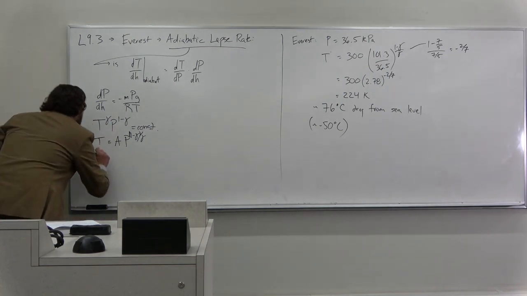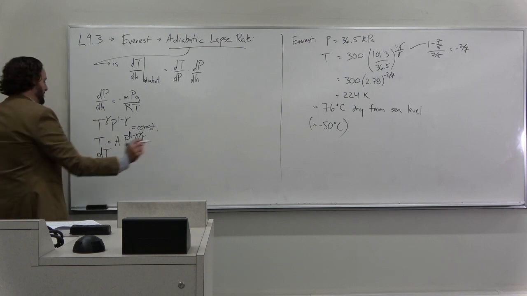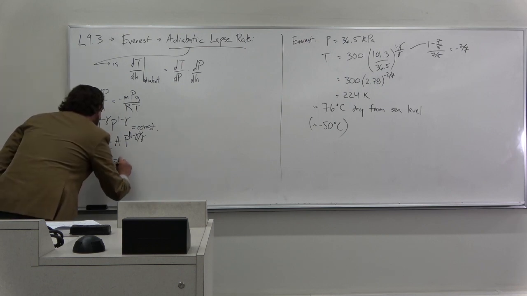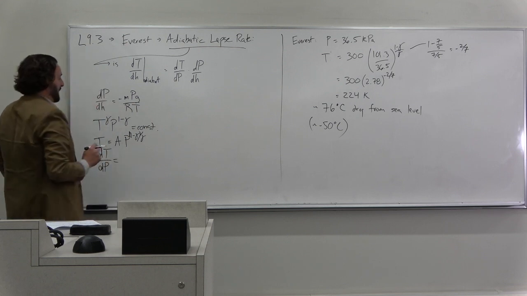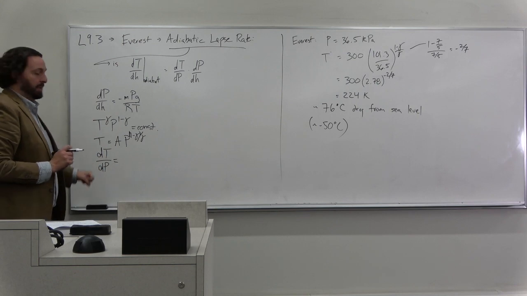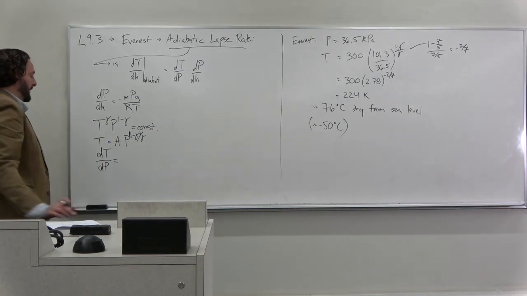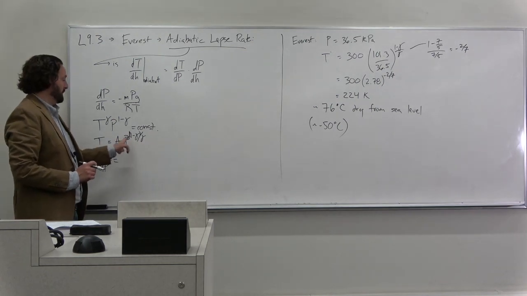So dT/dP is now going to be A times, so what I'm going to do is take the derivative with respect to P, right? So I'm going to have to take this whole term and bring it down.